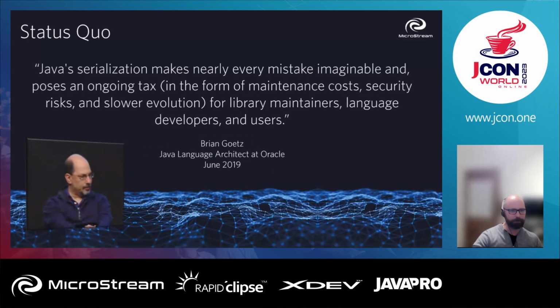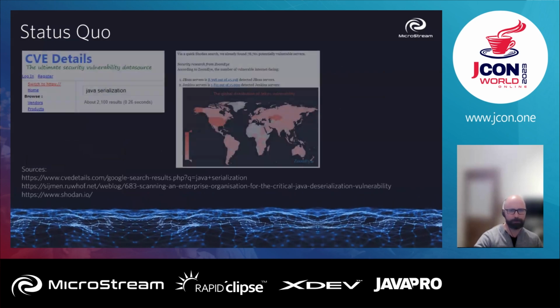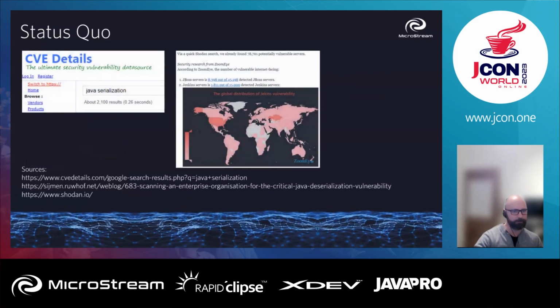Brian Goetz said that they made a lot of conceptual mistakes back then. Now, of course, the ongoing tax is on the library maintainers and users. Like we can see here from a CVE report, you can look it up on CVE Details or Shodan. It's one of the CVE databases.